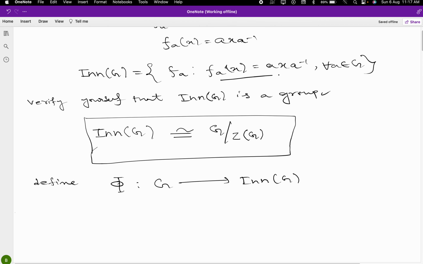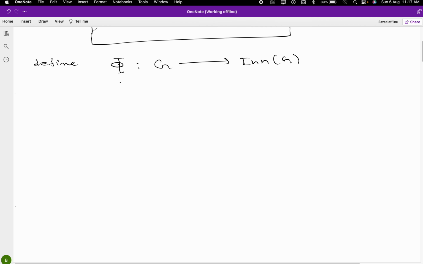How will I define the map Phi? Phi of any element a inside the group G gives us f_a. This map is well-defined, and verify that Phi is a homomorphism.